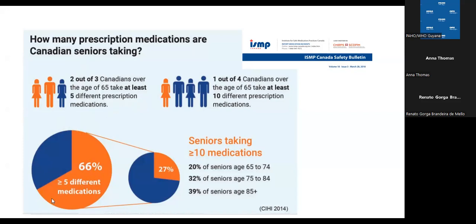But if you take a deeper look into this subgroup, we'll see that 27% of them take more than 10 medications. 20% of seniors age 65 to 74 years take at least 10 medications. 32% of seniors age 75 to 84 take at least 10 medications, and almost 40% of seniors age 85 plus take at least 10 medications. And that's a lot.